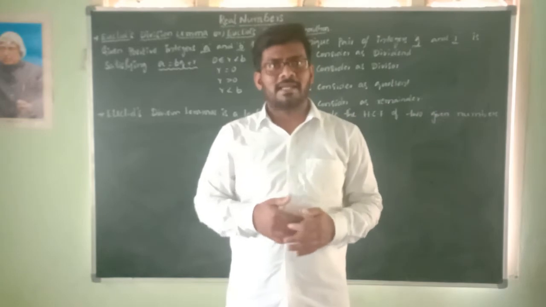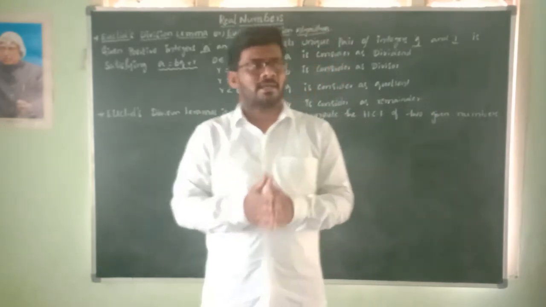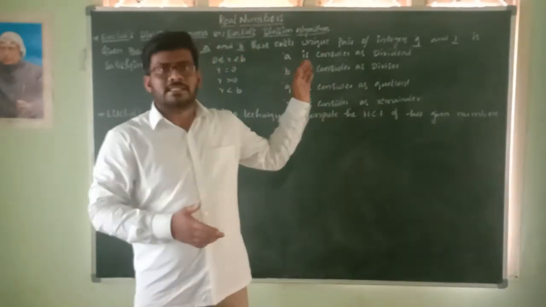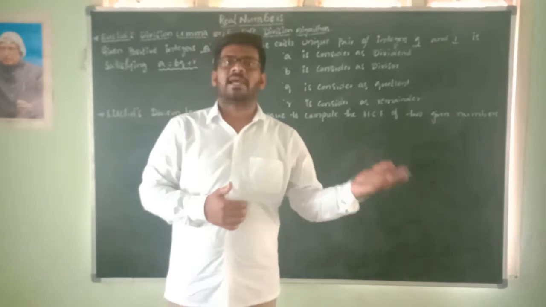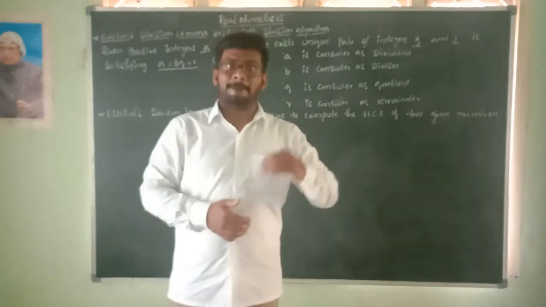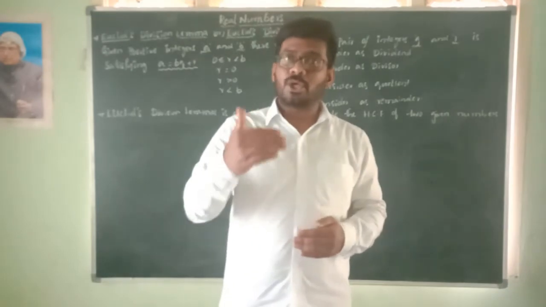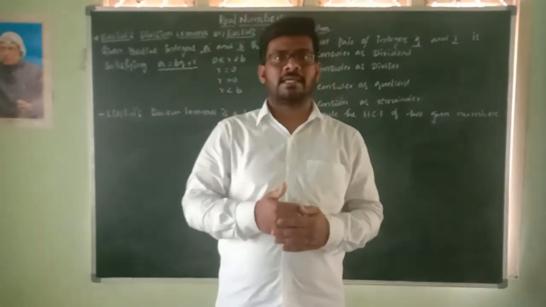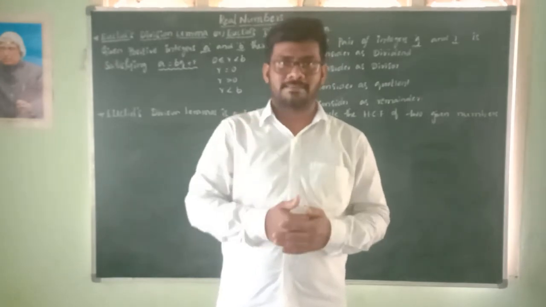Okay, children, in this condition, a is considered as the dividend, b is considered as the divisor, q is considered as the quotient, and r is considered as the remainder.